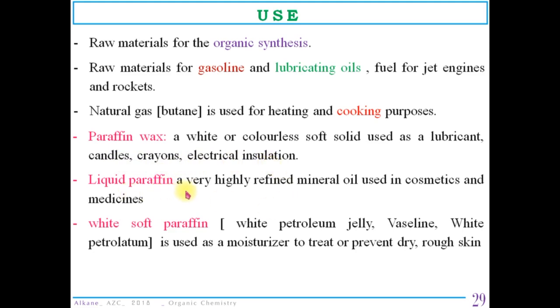Liquid paraffin, which is a highly refined mineral oil, is used in cosmetics and medicines. White soft paraffin, also called white petroleum jelly, Vaseline or white petrolatum, is used as a moisturizer to treat or prevent dry and rough skin.